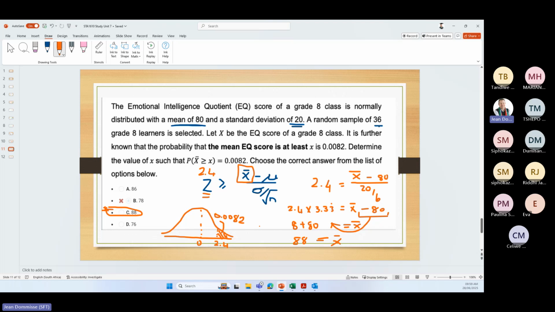Then we're going to start introducing another distribution that's called the t-distribution, but that's for next week. So you don't need to worry about that in study unit 6 and 7 that your assignment is about. We will start next week with the confidence intervals.